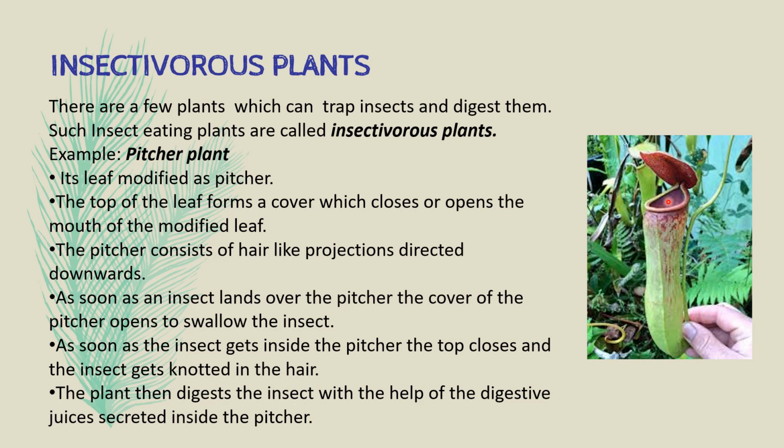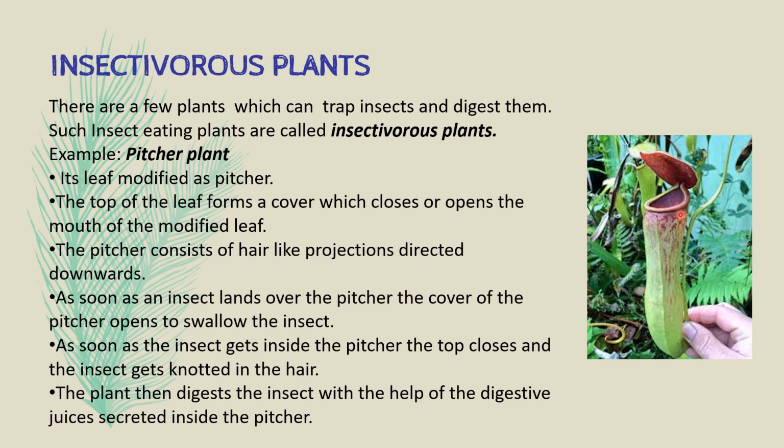It cannot escape from there because some hair-like projections are also there. Those projections trap the insect, so it cannot come outside. As soon as the insect gets inside the pitcher, the top closes and the insect gets knotted in the hair. When the insect entered the pitcher, this flap cover also closes, so the insect cannot escape from inside.